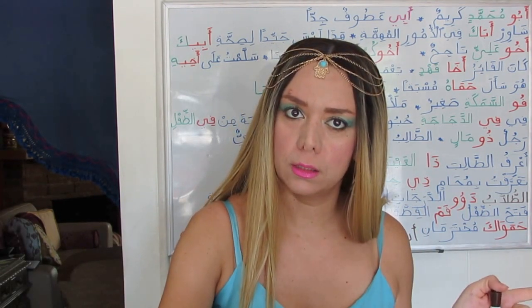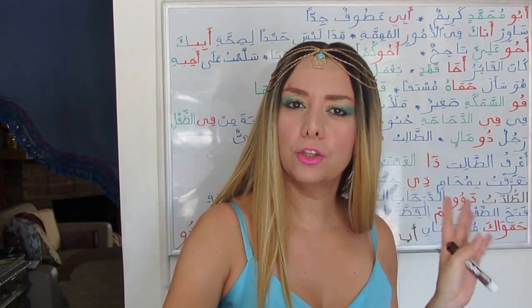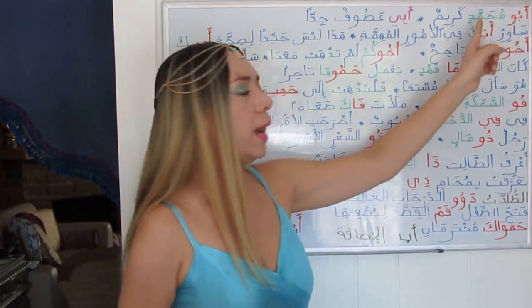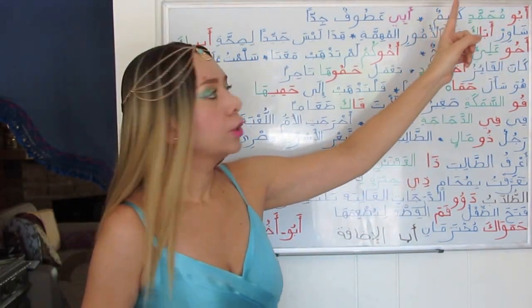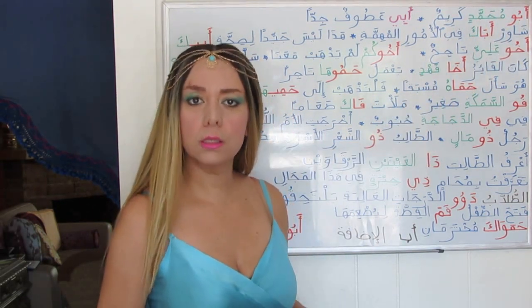In the nominative case, with the waw as the sign of this state. So when you say Abu, it means that this noun is in the nominative case. Abu Muhammadin Karimun. So Abu here appears in the beginning of the sentence.